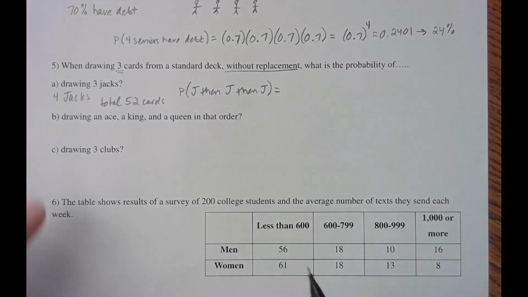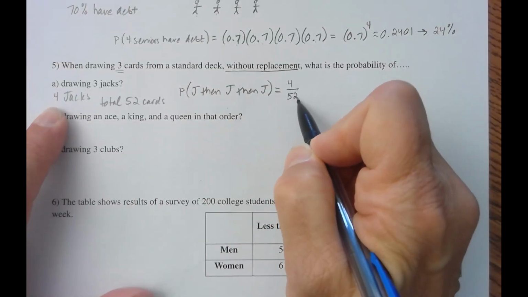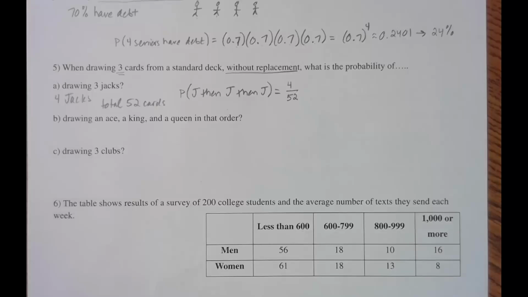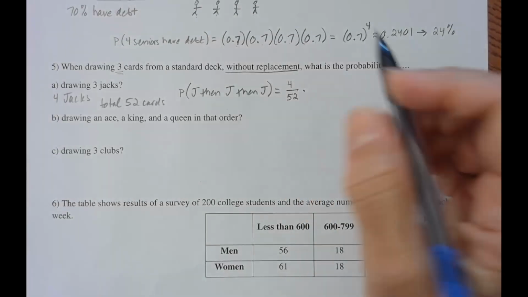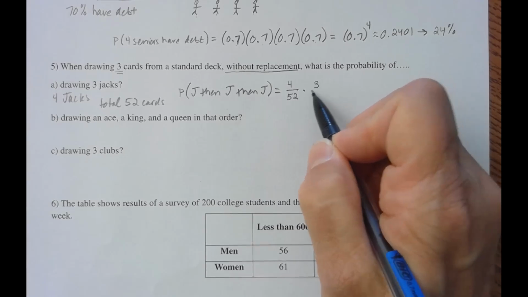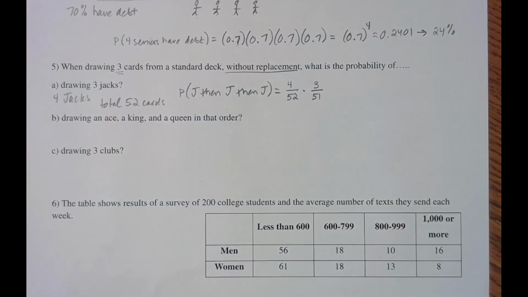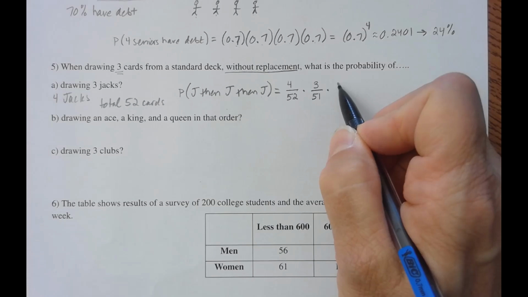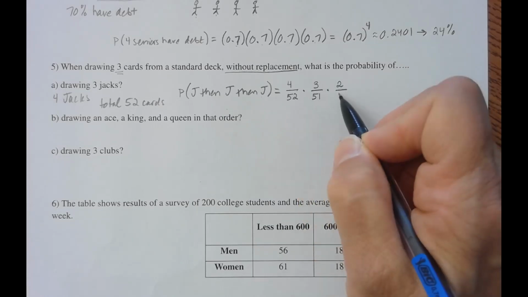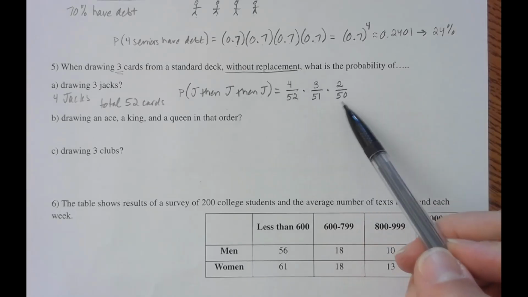So the first time I draw, I have 4 jacks to choose from out of 52 cards in the deck. I'm going to hold on to that jack that I drew out. The second time I draw, there's only 3 jacks left in the deck and just 51 cards. So assume you drew another jack. The third time I draw, there's only 2 jacks left in the deck out of 50 cards. So each time I draw a card, I'm going down 1 card.